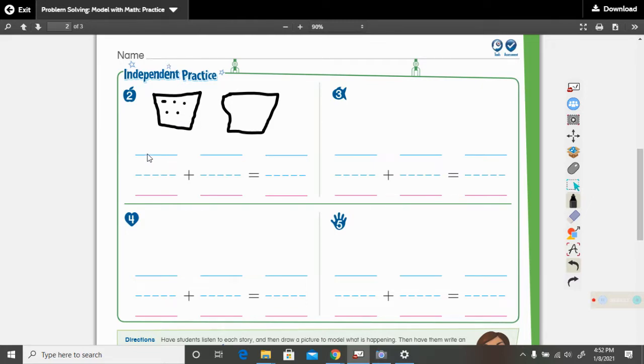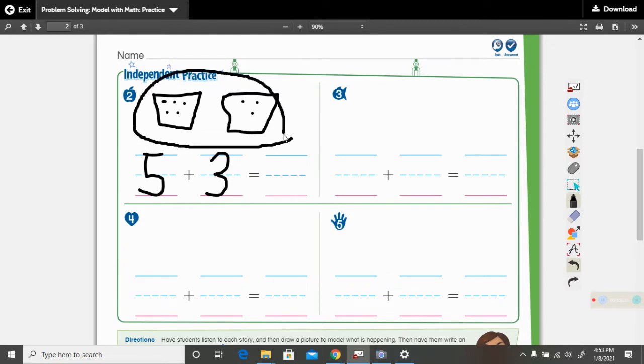So in the first pail, we're going to put 1, 2, 3, 4, 5 stones. And what are we going to write here? We're going to write the number 5. In the second pail, she sees 3 stones. So what number are we going to write here? We're going to write the number 3. And then it asks, how many does she see in all? In all means we put them together into one big group and we count them. 1, 2, 3, 4, 5, 6, 7, 8.